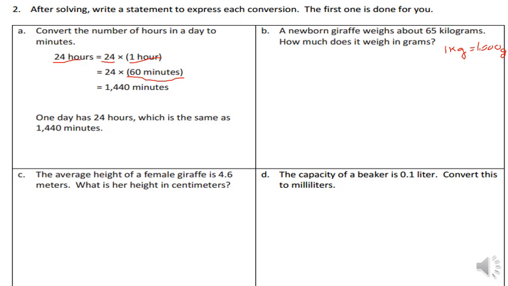So if I take 65 kilograms, which equals 65 times 1 kilogram, now I'm going to replace 1 kilogram with 1,000 grams. So that means 65 times 1,000 is going to be 65,000 grams.